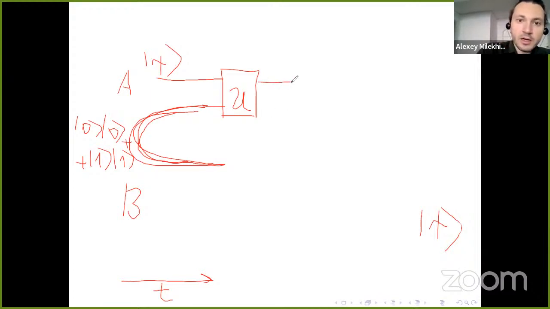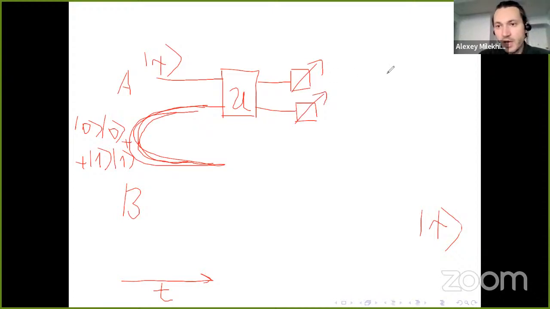Then she measures both of them. The outcome will be basically 2 bits, one of 4 possibilities: 0, 0, 1, 0, 0, 1, and 1, 1. She measures them in the Z basis.